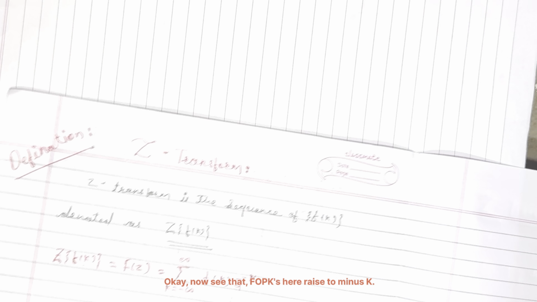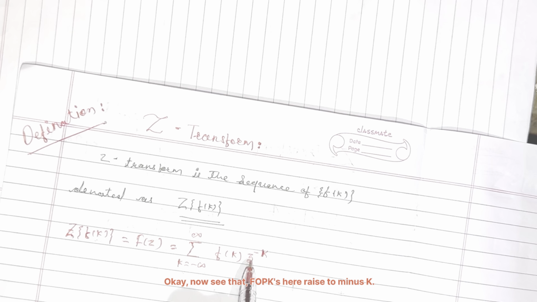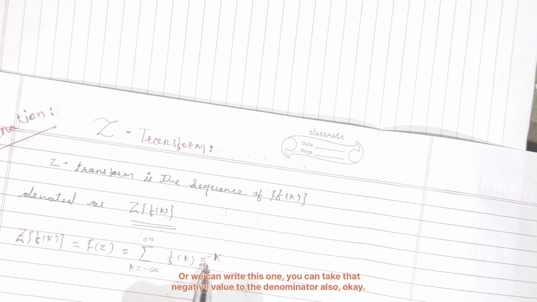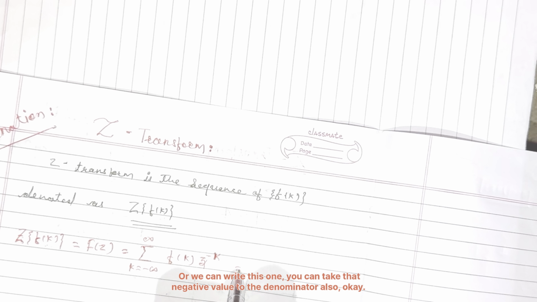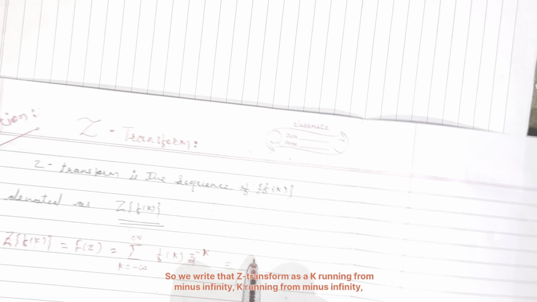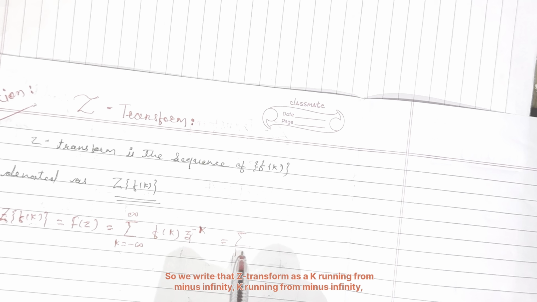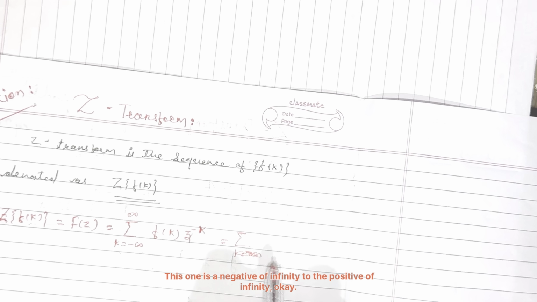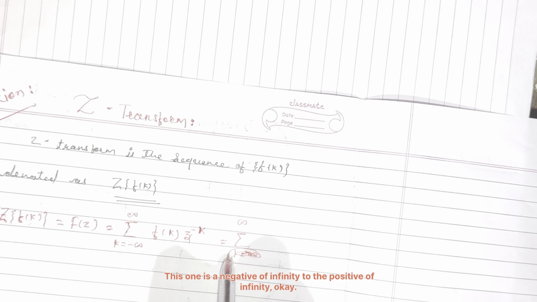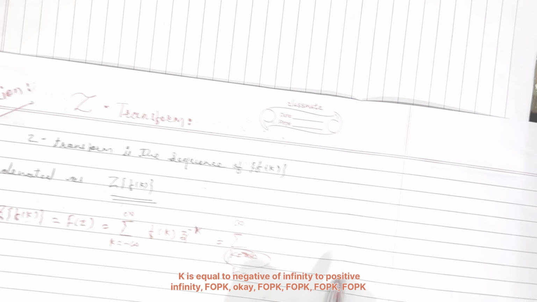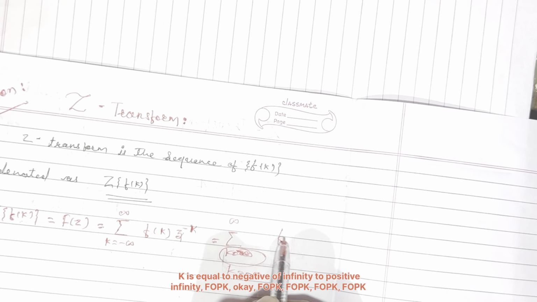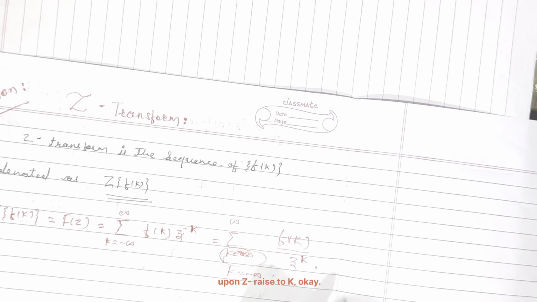Now see that f of k z raised to minus k, we can also take that negative power to the denominator. So we write the Z transform as the sum with k running from negative infinity to positive infinity of f of k upon z raised to k.